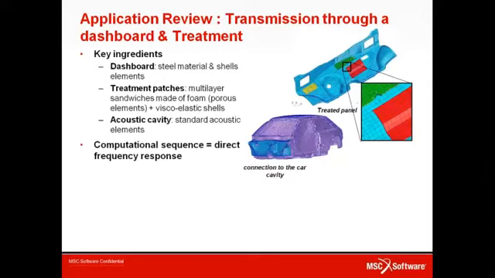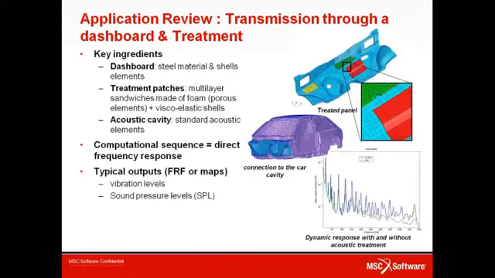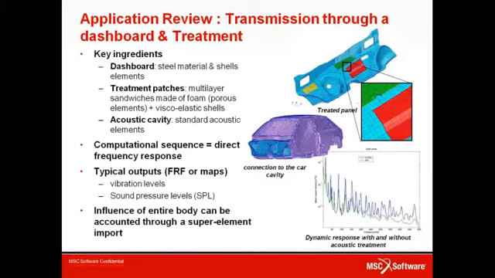Because of the complex damping mechanism occurring in the sandwich, typically one will use a direct frequency response to compute the analysis. The output of interest of such analysis are the vibration levels of the dashboard and the sound pressure levels inside the cavity. And the influence of the car body on the response of the dashboard can be accounted thanks to the import of a super element for NASTRAN.